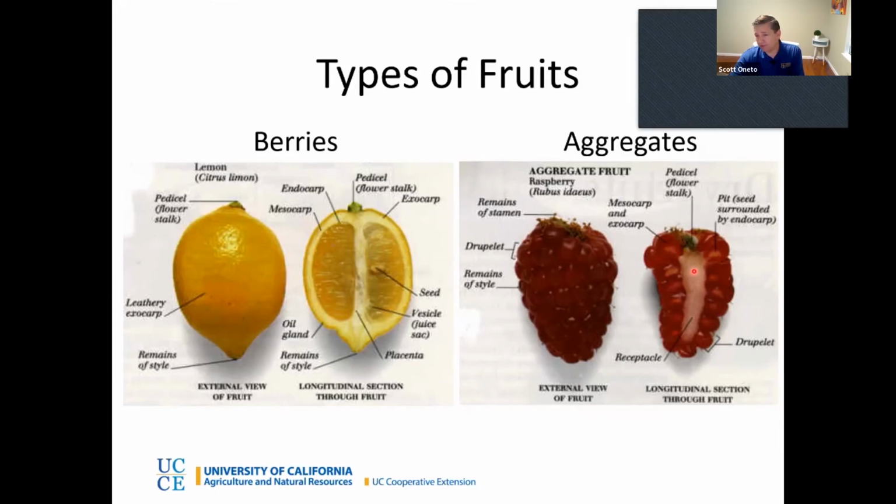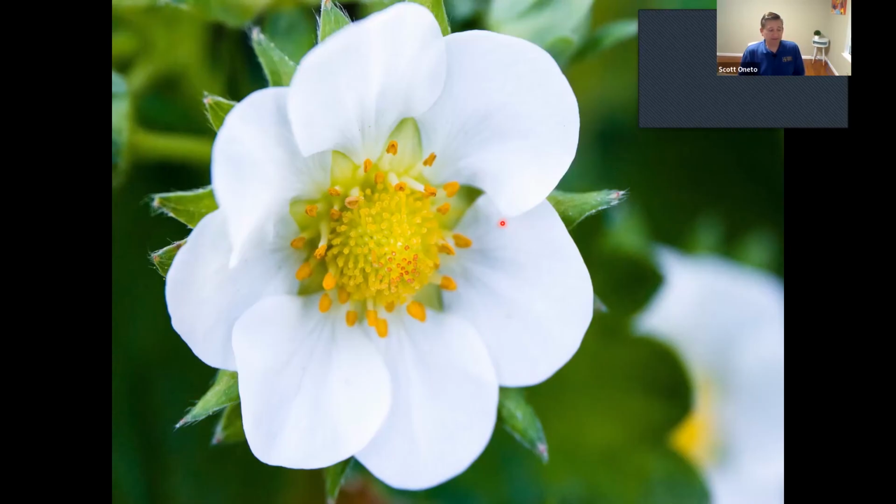Remember the receptacle, that part of the flower where all of the other parts come together, like the sepals and the petals, everything came and attached to that receptacle part of the plant. That's what fills up with sugars in the case of these aggregate fruits, and then it pushes everything out to the surface. And so this is an example of a strawberry flower.